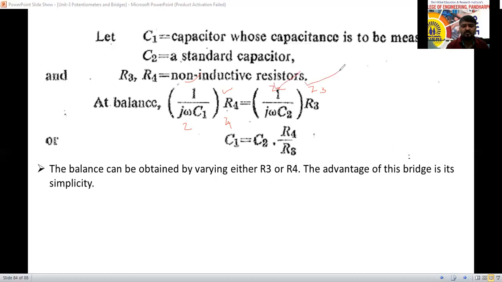Now what we have to do? Here also j omega is there, here also j omega is there, so we can cancel this. Once again, in simplified form we can write this formula. I will write here now. See here, इसको कैसे लिख सकते हैं?